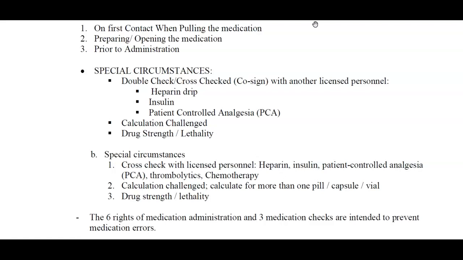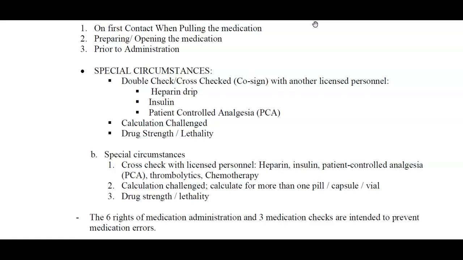But nowadays, a lot of facilities or hospitals are only requiring a co-sign when you're giving insulin through an IV or when it's an insulin drip. So you'll see that some nurses will just administer insulin sub-Q without a co-sign.